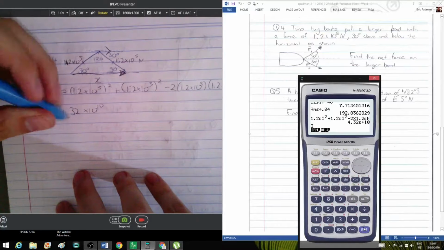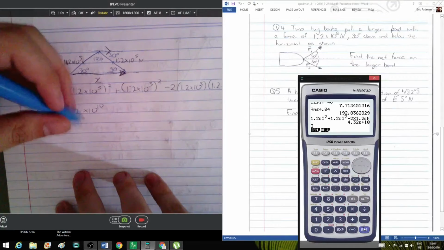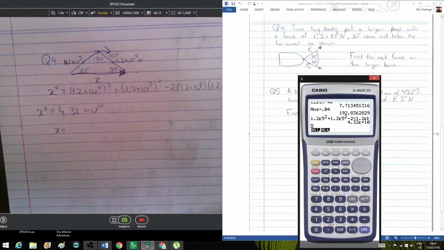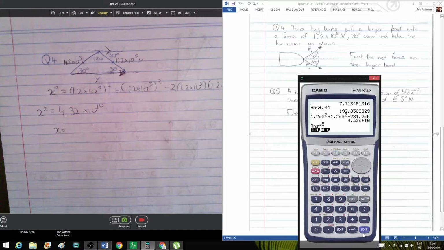Okay, x is equal to the square root of that. So I'll find that out. Last answer, power of a half. I find that easier to do than just shift square root, then put in shift answer. So last answer, power of 0.5 is the square root.